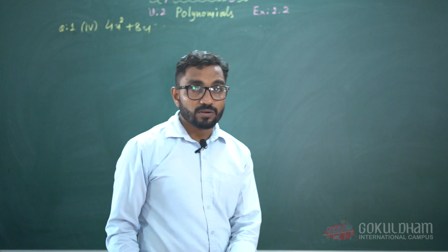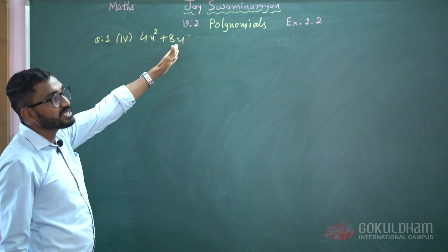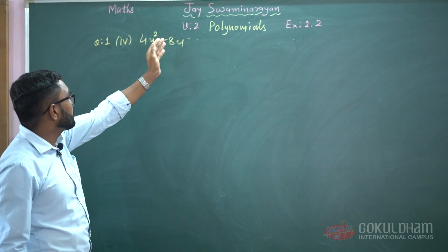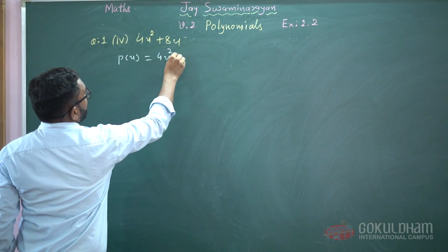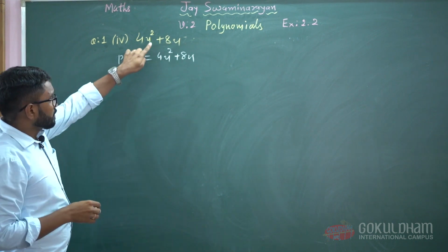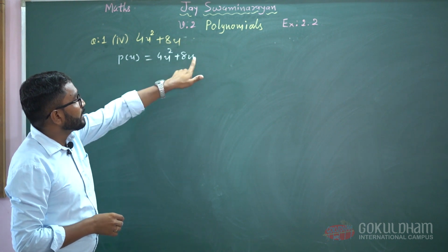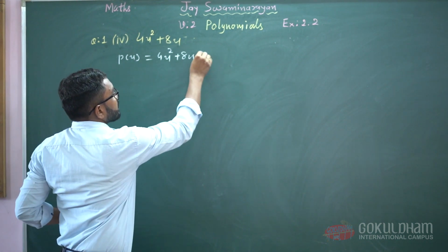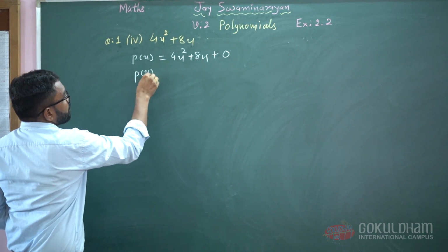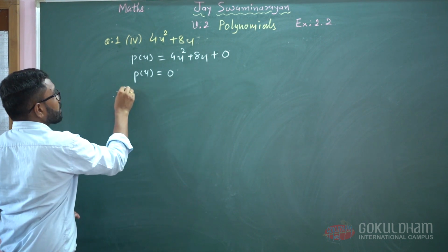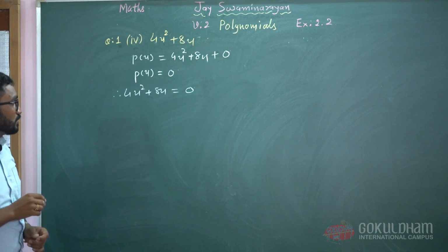Now question number 4 is 4u square plus 8u, a quadratic equation given in the form of u. So p of u equals 4u square plus 8u. Here the power of u is 2, then u is 1, and the constant term is not given, so we take it as 0. So p of u equals 0, therefore 4u square plus 8u equals 0.